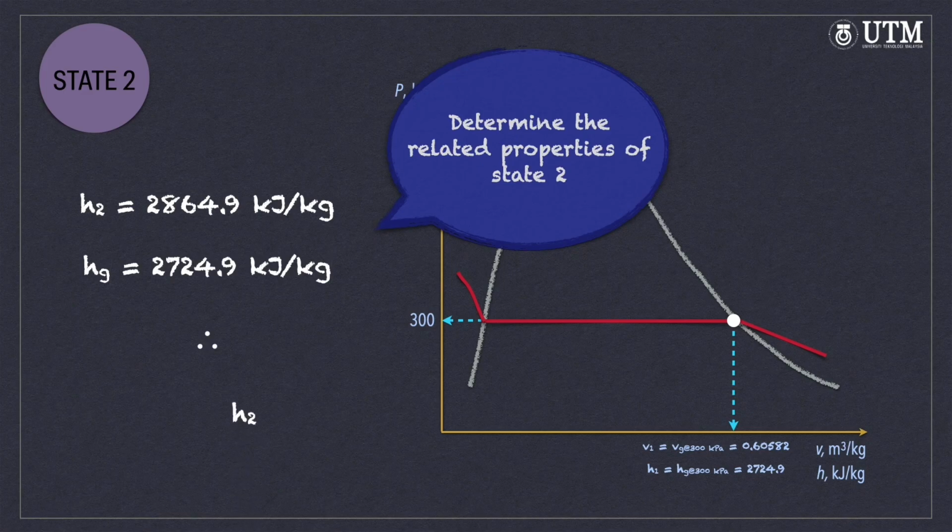The value of H2 is higher than Hg. Therefore, state 2 exists in a superheated vapor phase as illustrated.